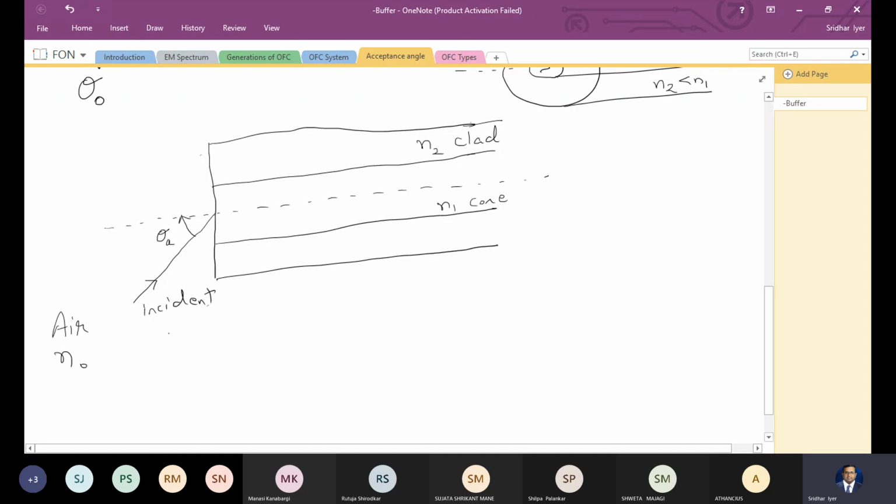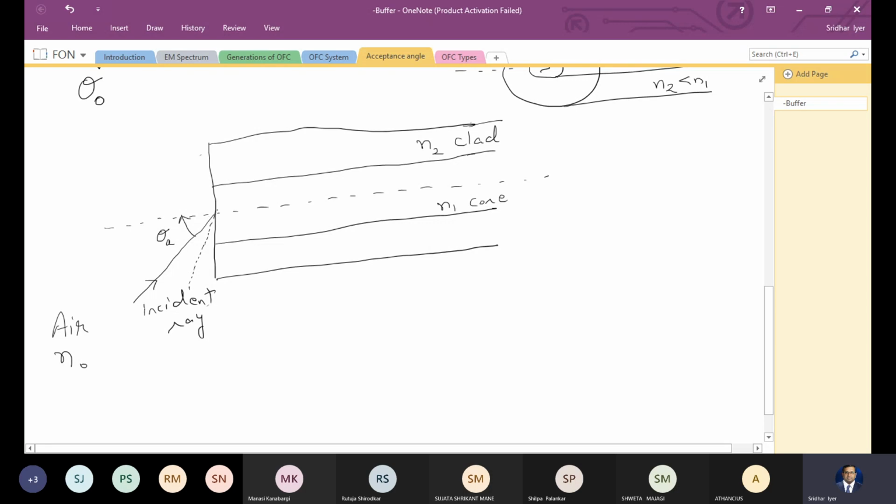Part of this incident ray is going to be reflected and part of it is going to be refracted. Let me draw one dotted line. Let's say the initial incident ray was the dotted line, not the line I have drawn earlier.